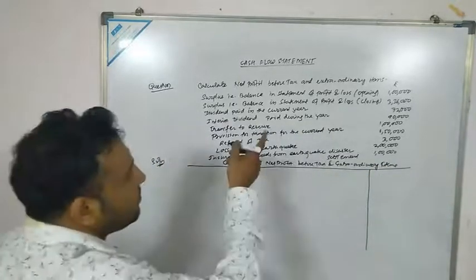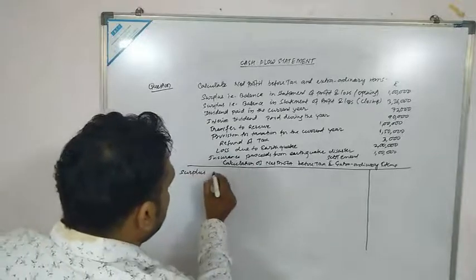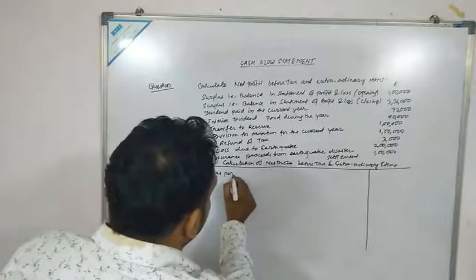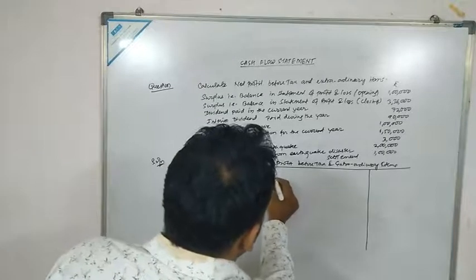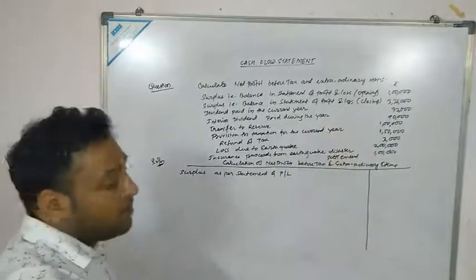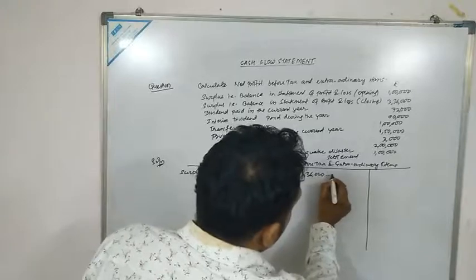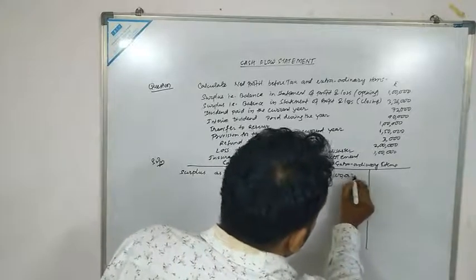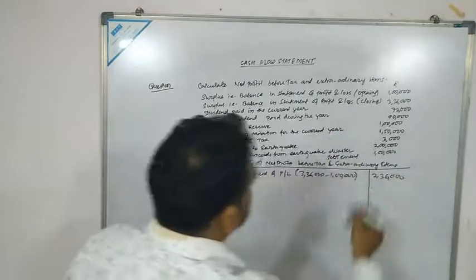Okay, so first of all we have to write the surplus. सबसे पहले क्या लिखेंगे? Surplus as per statement of profit and loss. कितना था? 3,36,000 minus 1 lakh. So how much would be the surplus? Surplus would be 2,36,000.